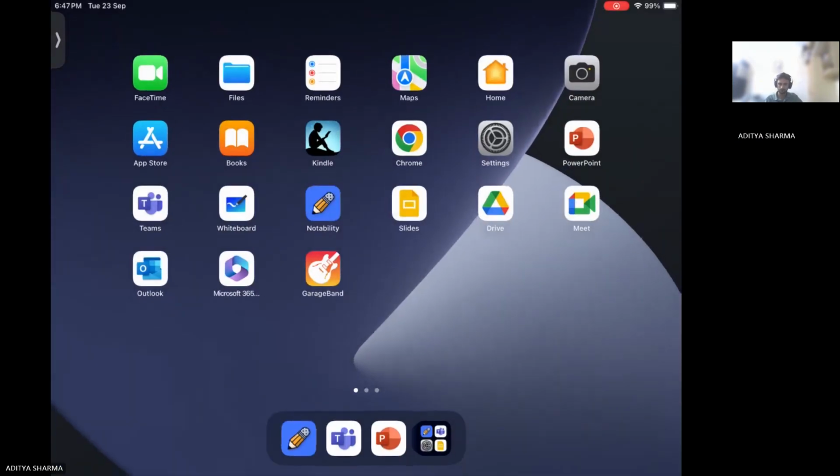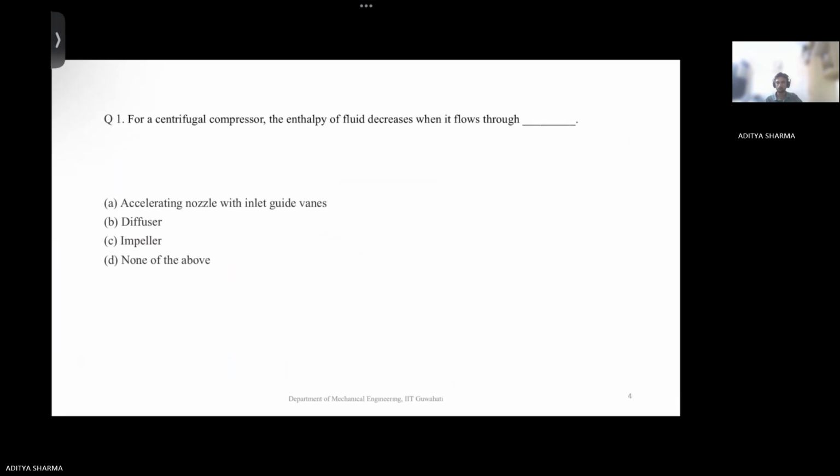So for your accelerating nozzle with your inlet guide vanes, your enthalpy of the fluid decreases.